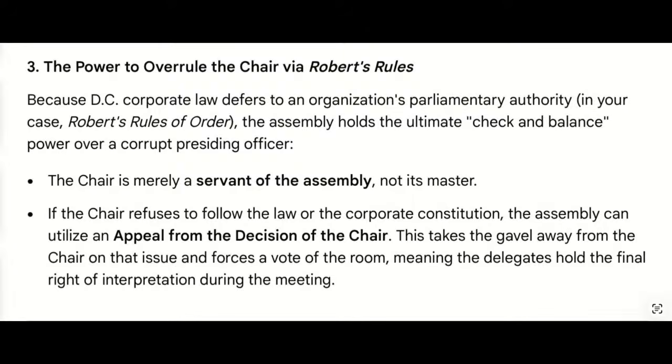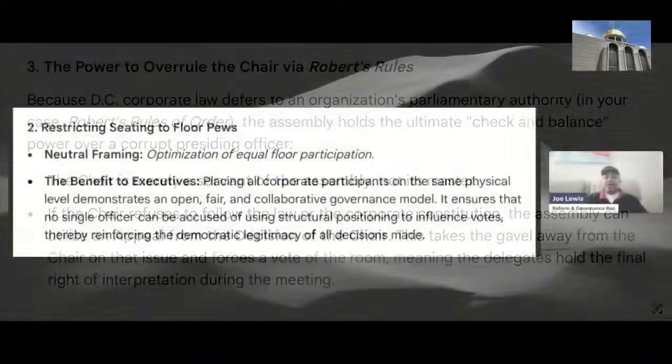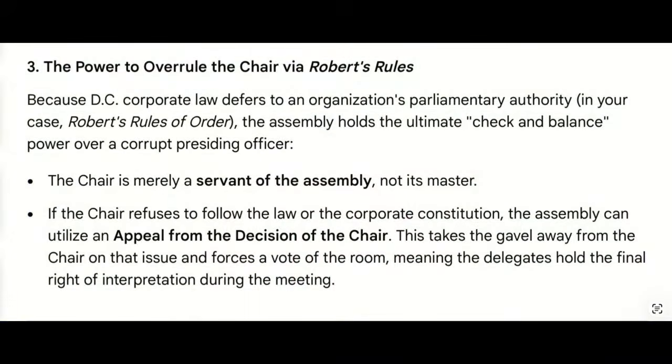In this particular case, the assembly holds the ultimate check and balance power over any corrupt presiding officer. And as such, the chairperson who's over the meeting is, look at what it says, merely a servant of the assembly, not a master. They're the servant of the assembly.